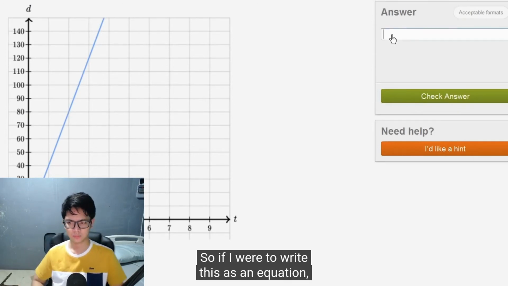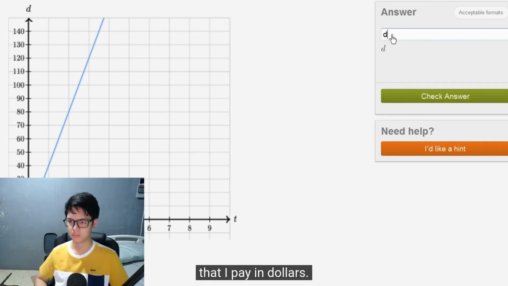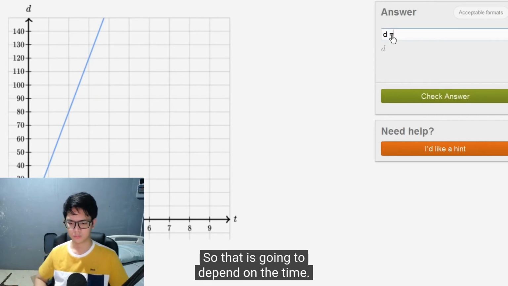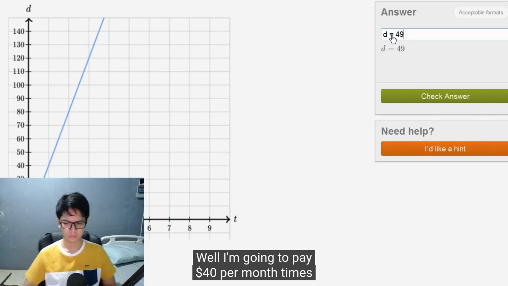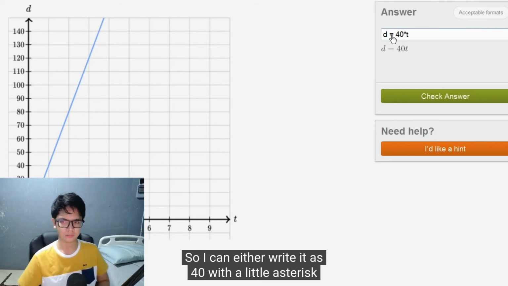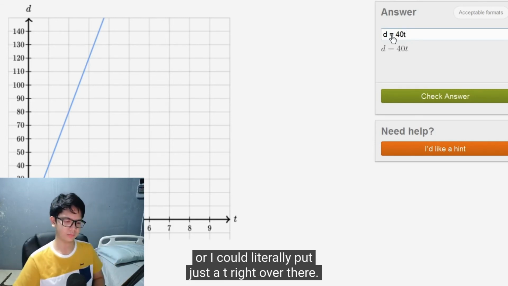So if I were to write this as an equation, well, the dependent variable here is the amount that I pay in dollars. So that is going to depend on the time. And how is it going to depend on the time in months? Well, I'm going to pay $40 per month times the number of months. So I can either write it as 40 with a little asterisk sign, which is shift 8, and then I put t there, or I could literally put just a t right over there.